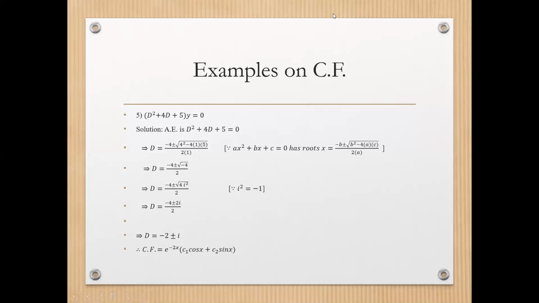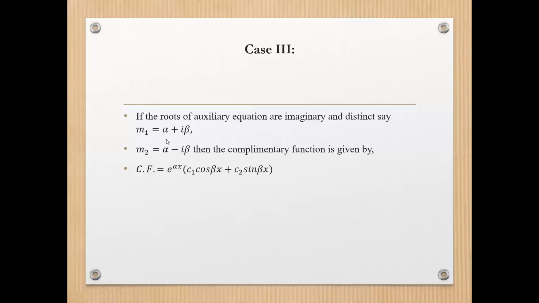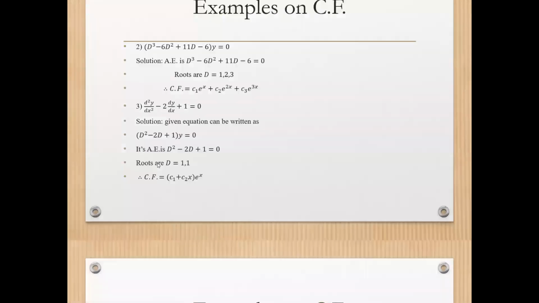See here, the roots are α + iβ and α - iβ. This means the roots are complex conjugate, α ± iβ. In that case the complementary function is e^(αx)(c1 cos βx + c2 sin βx), where alpha is the real part and beta is the imaginary part.